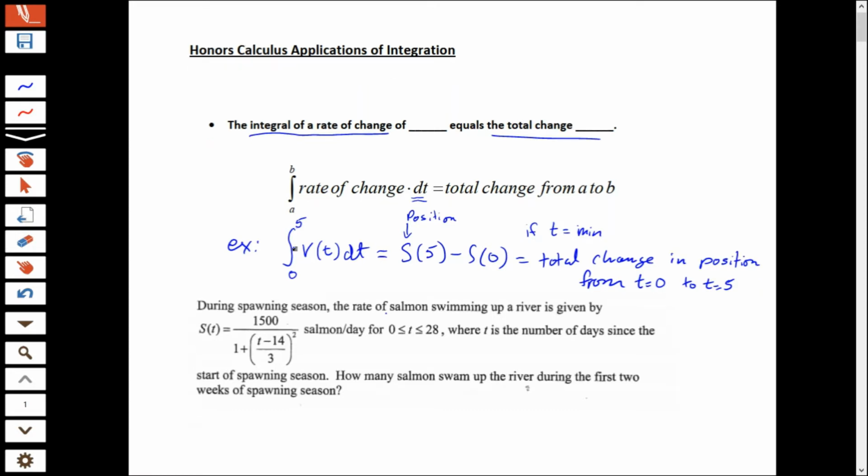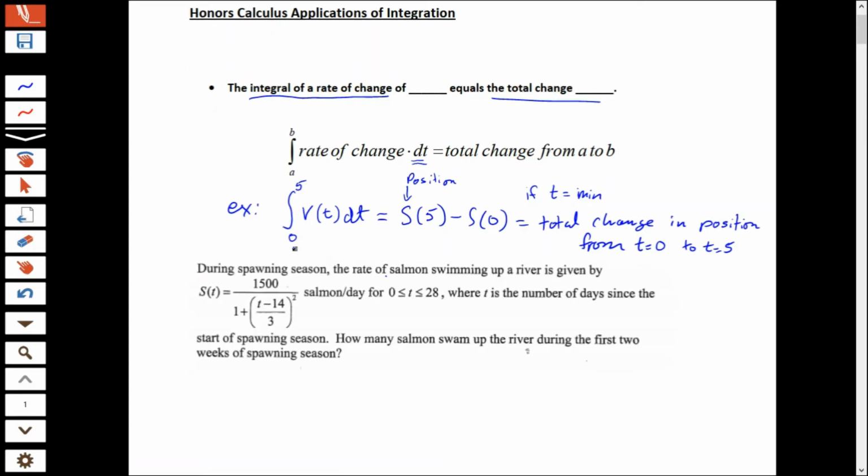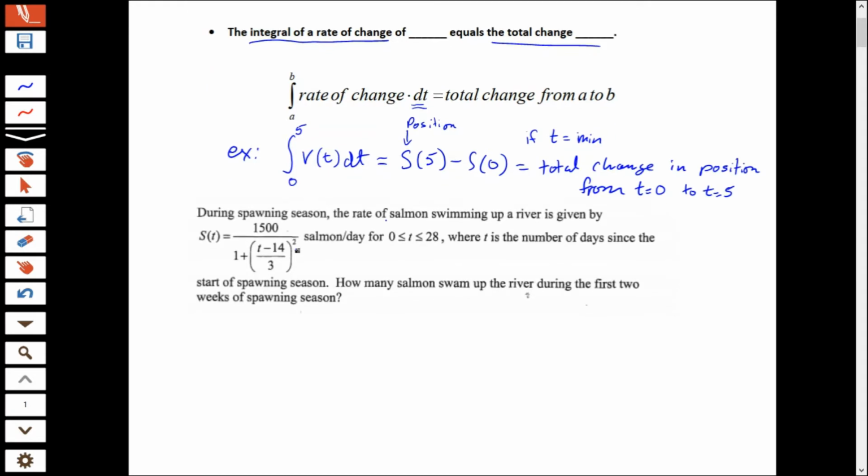So we're going to be applying this, integral of a rate of change is equal to total change. So take a look at the first word problem here, okay? During spawning season, the rate of salmon swimming upriver is given by s of t equals, and then we got this function, for 0 to 28, where t is a number of days. Always check what your variables represent.